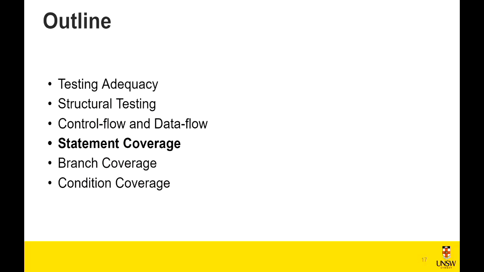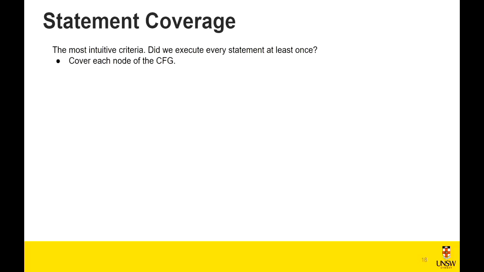Now let's come to the first coverage we will be learning today, statement coverage. Statement coverage is the most intuitive criterion. We just count how many statements we have covered. What we want to achieve is to execute every statement in the program with our test suite, which means we have to cover each node of the control flow graph.